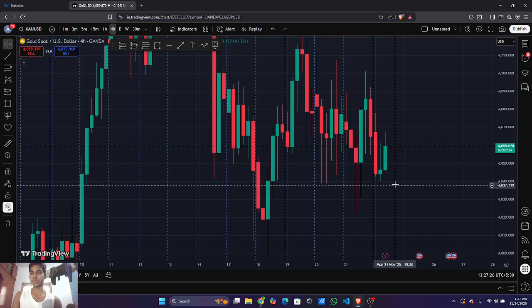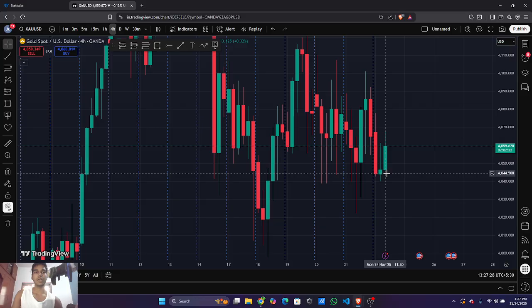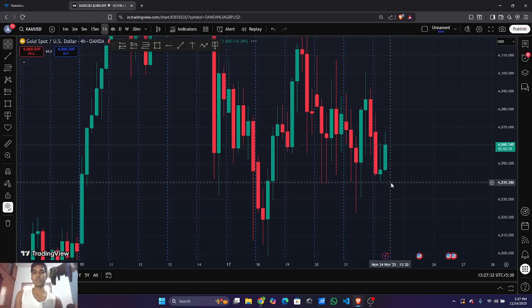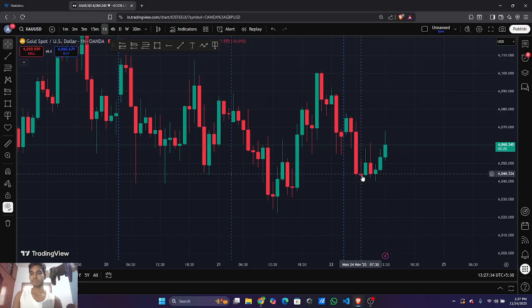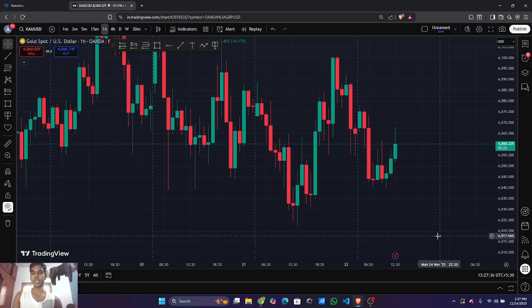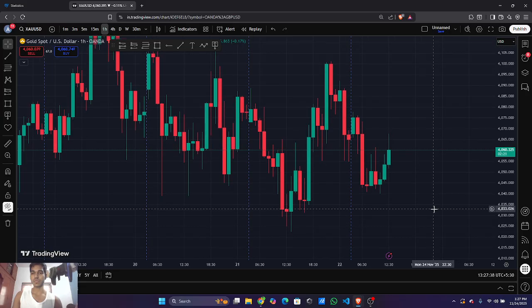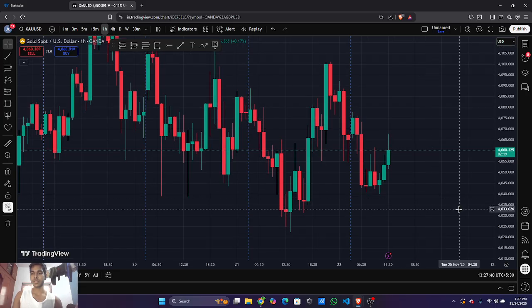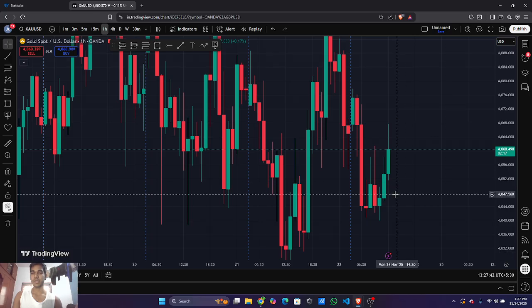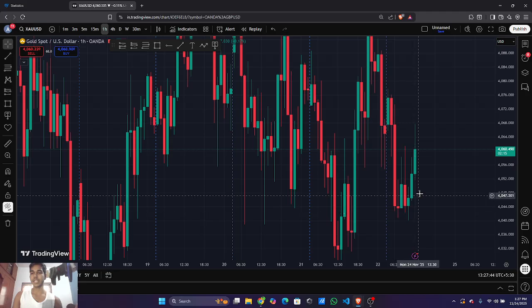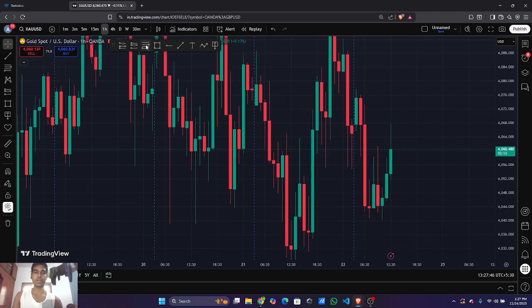The next candle should have been a continuation. Okay, but there is still time. 1 hour will tell the clear picture. 1 hour gave a bullish breakout. It's not good. There is a fair value gap, but the overall trend is really bearish. I would not like to trade this one.